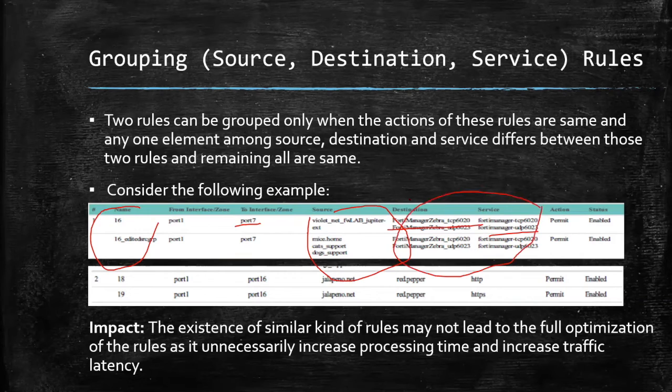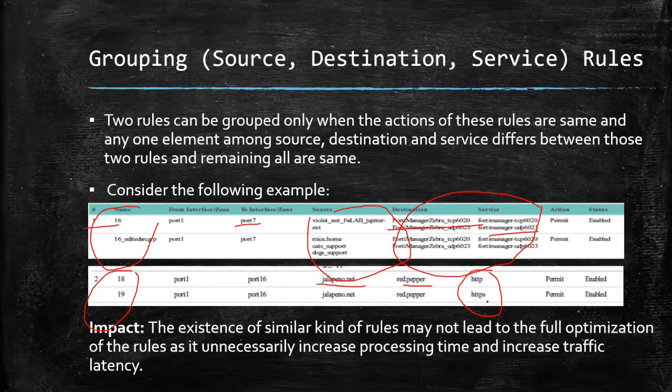So you can club the sources and make this a single rule rather than creating different rules. In a similar fashion, in the next example, the source and destination are all the same, just the service is different. So you can club them into one rule rather than creating multiple rules in the firewall and creating unnecessary firewall objects.